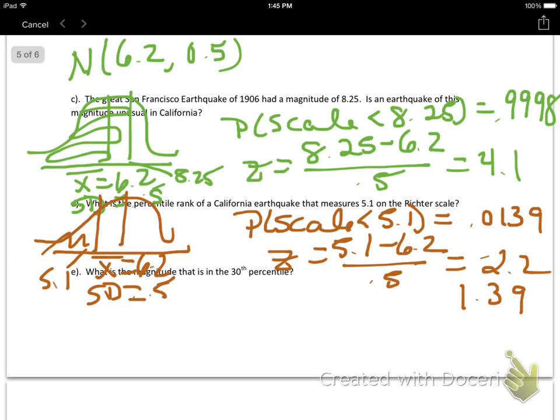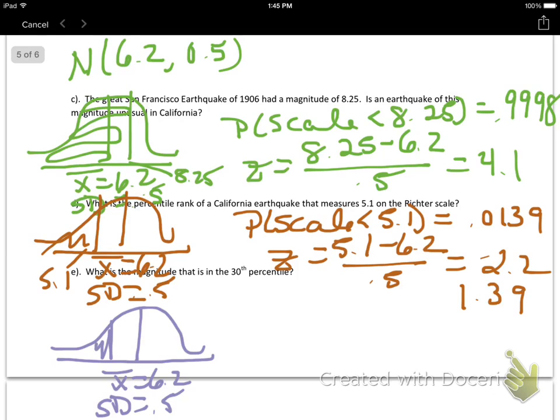Okay, so now they want to know the 30th percentile. Okay, so now we're going to go backwards. Again, let me go change my pen. So even though we're going backwards, we're still drawing the distribution. My mean is 6.2. My standard deviation is 0.5. Hopefully you agree with me that 30% is less than 50.